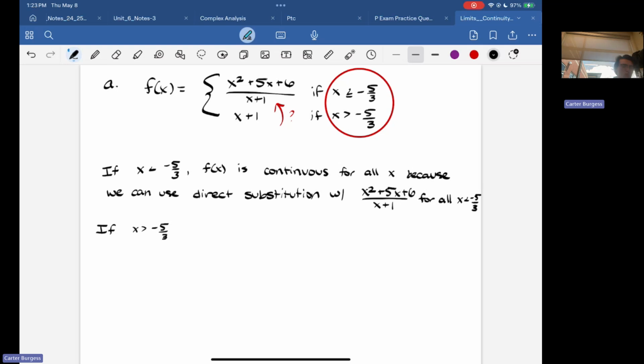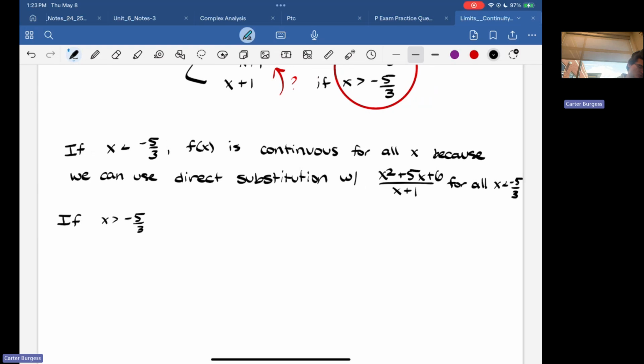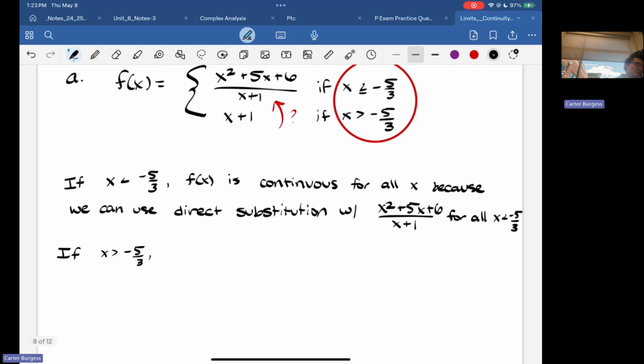Right? Negative 1 is really the only one we could not do direct substitution for, but negative 1 is not less than negative 5/3, so we don't really need to worry about it. Okay, so we're good if we're to the left of negative 5/3. If I'm to the right of negative 5/3, which function am I going to be using?